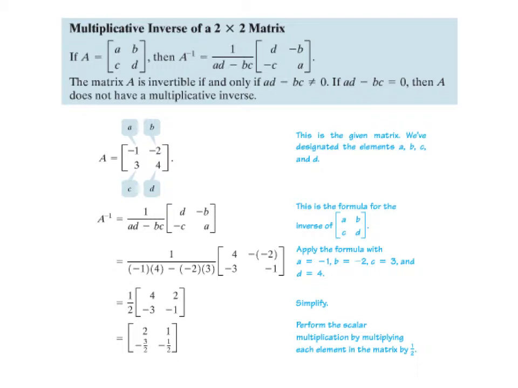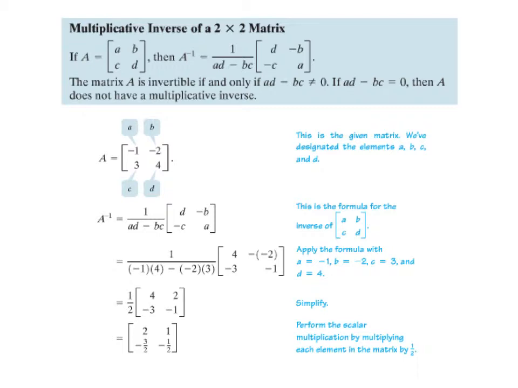Notice that ad minus bc is almost like we're cross multiplying, like we do with proportions. Okay, so first we find that scalar. Then we do a little transformation on the original A matrix. That transformation is on the first diagonal, from top left to bottom right. We switch the quantities a and d.